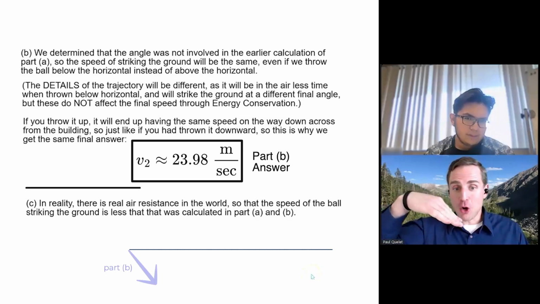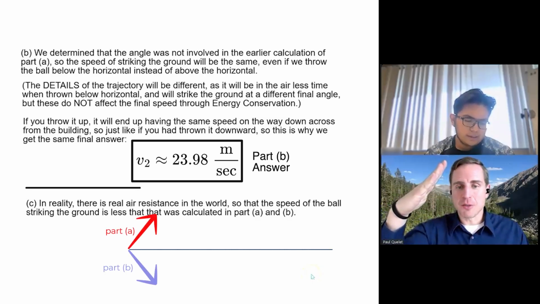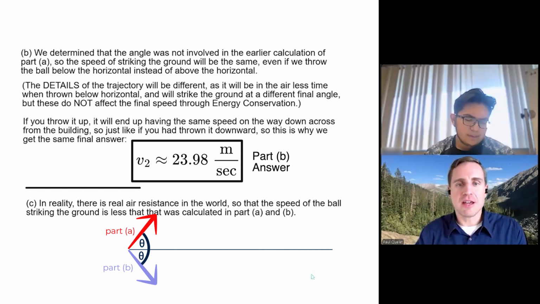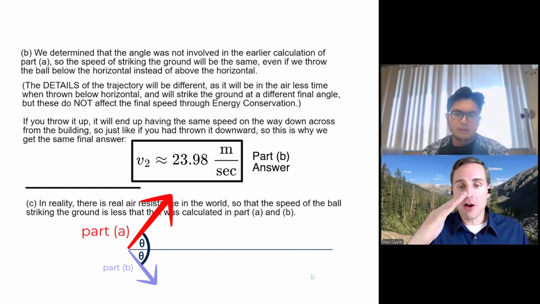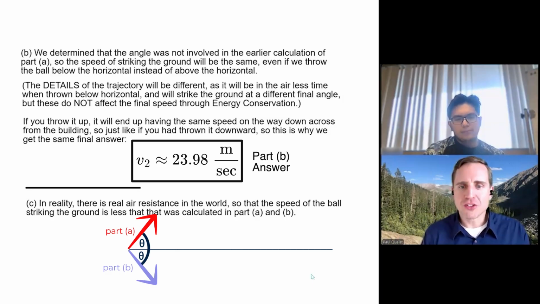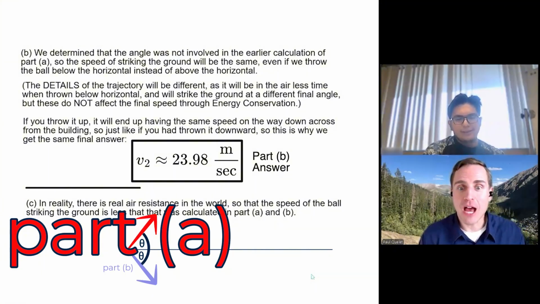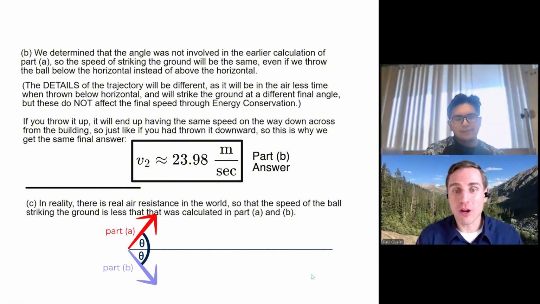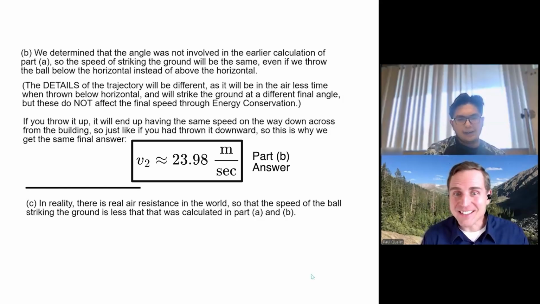B has an angle below horizontal, whereas A's angle is above horizontal. But let me ask you this. If A's is above horizontal and B's is below horizontal, which ball spends more time in the air? Since A spends more time in the air, is there more air resistance? Yes, so it ends up going slower in the end.